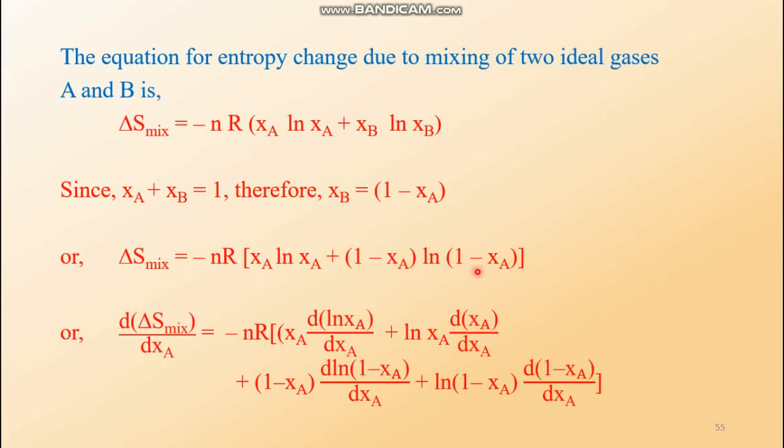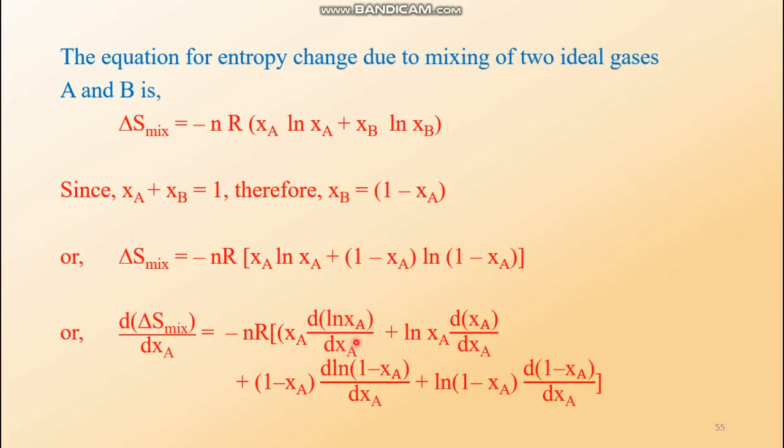In case of the third and fourth terms, 1 minus XA is constant, while ln XA is differentiated, and finally ln 1 minus XA is taken constant and 1 minus XA is differentiated. So let us think what should be the result after differentiation. This should give the result 1 by XA.